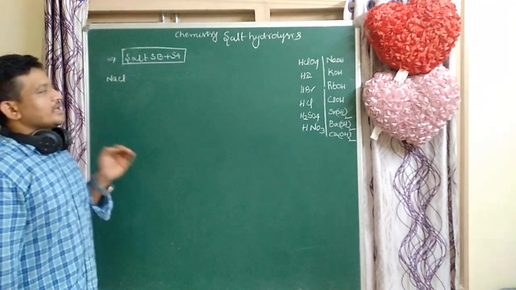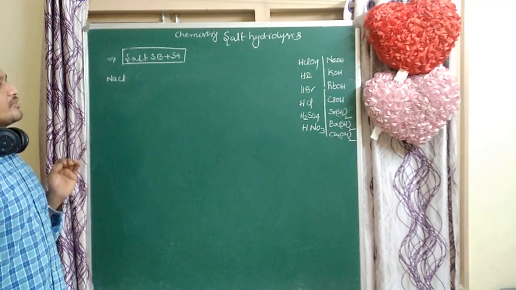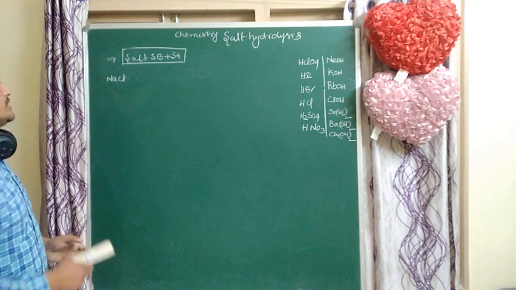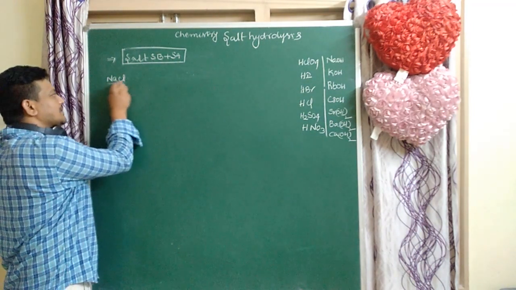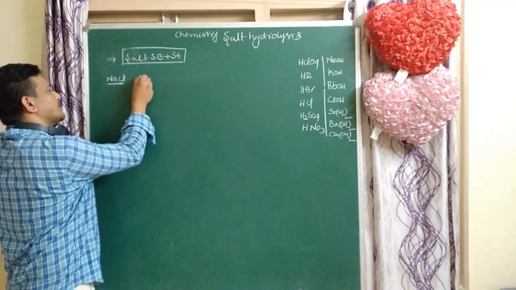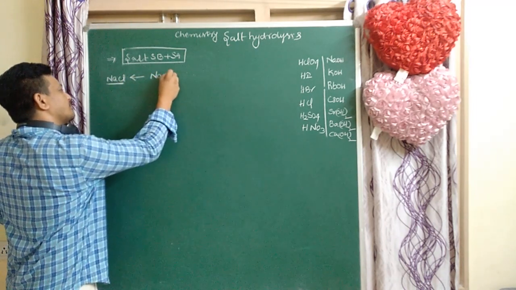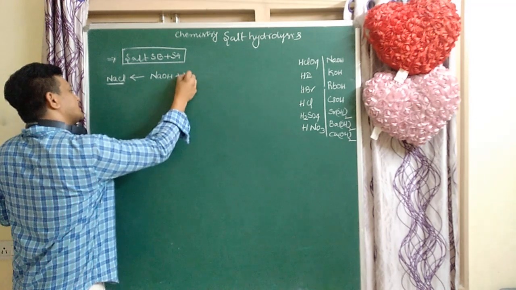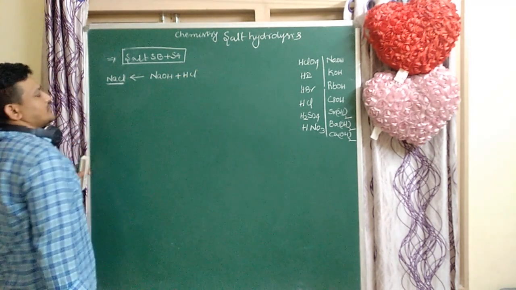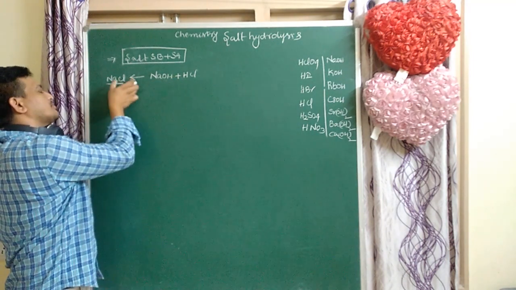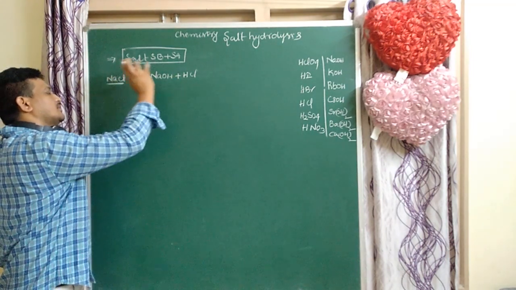A salt that comes from a strong acid and a strong base is a salt of strong base and strong acid. So here NaCl is prepared from the strong base NaOH plus the strong acid HCl. These two combine to form salt and water. That is the salt solution.